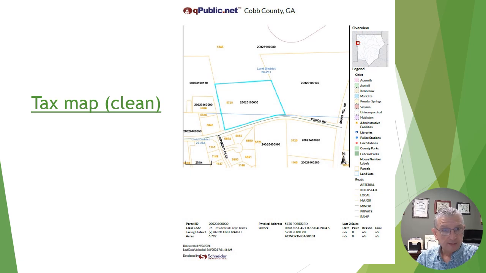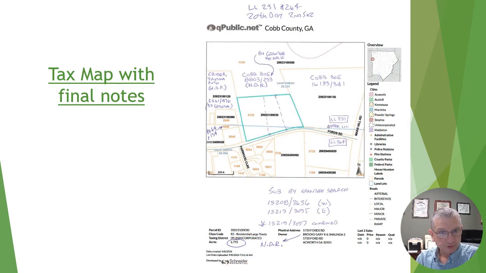And below that line is Land District 20, so we're in the same district, Land Lot 264. So off the bat, we know, okay, we're in the vicinity of Mars Hill Road. We're in Land Lots 231 and 264. So, yes, we confirm that as we go through the process. This is what it will look like after we've gone through the process.